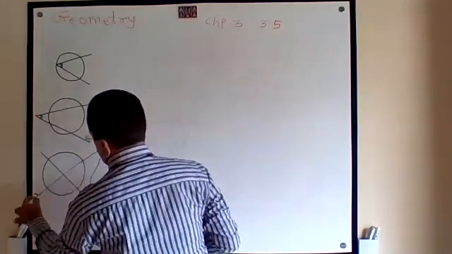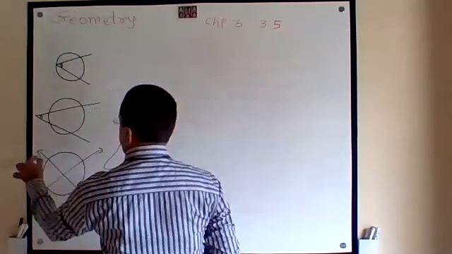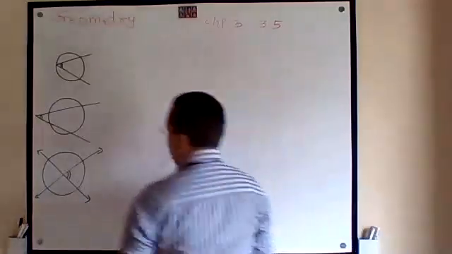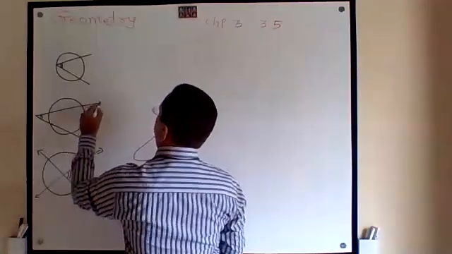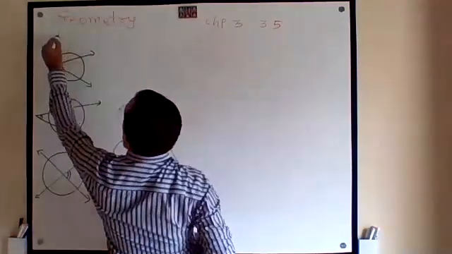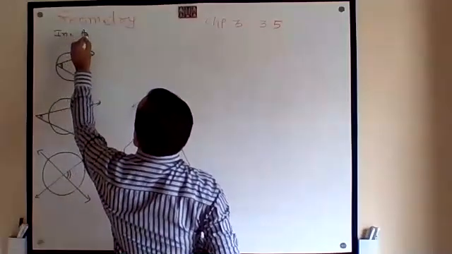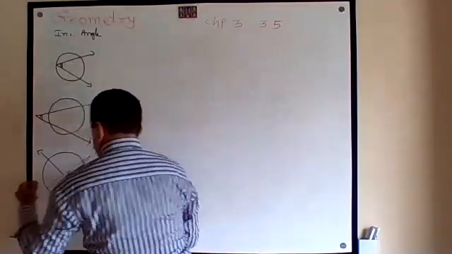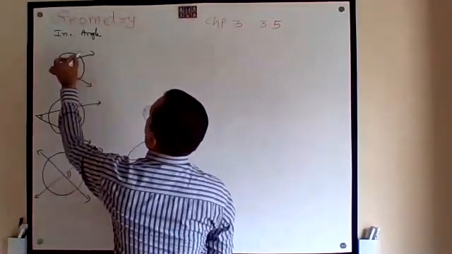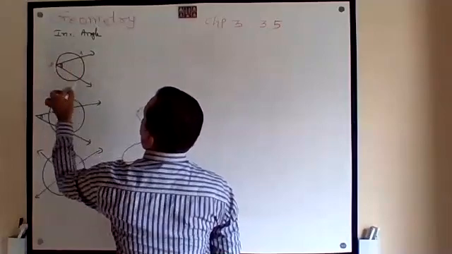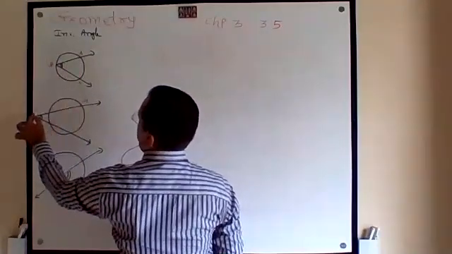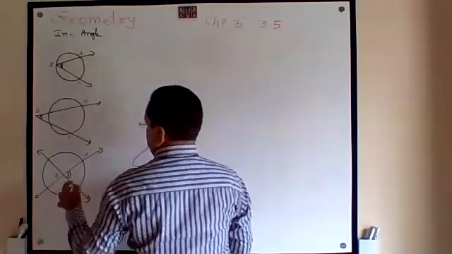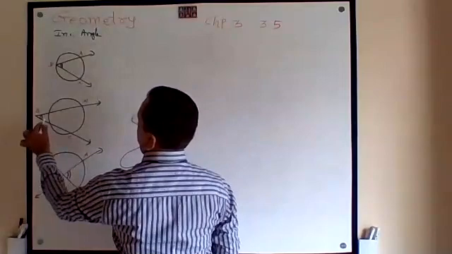Inscribed angle inside the circle. I will give all the names as ABC. Here also ABC. Rest of them D, E.